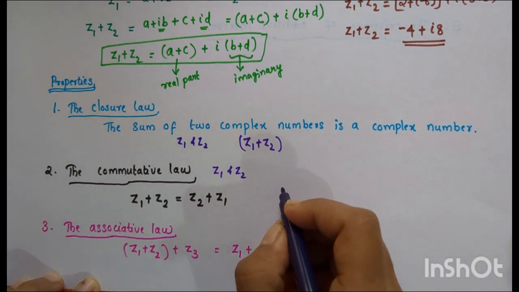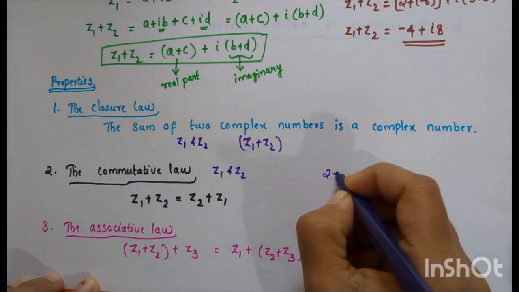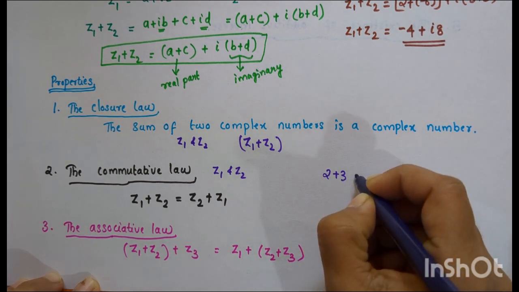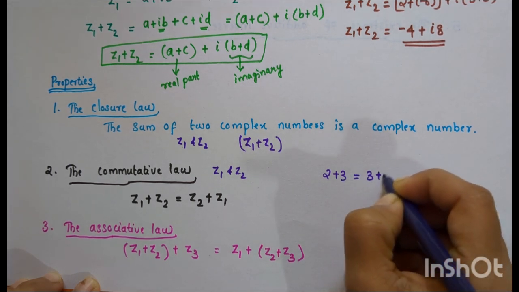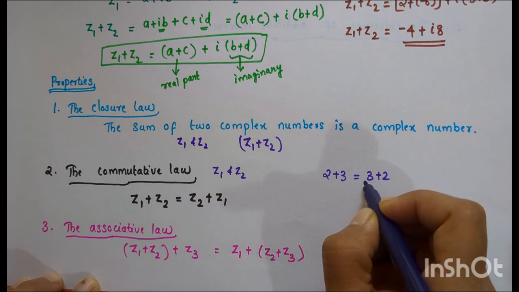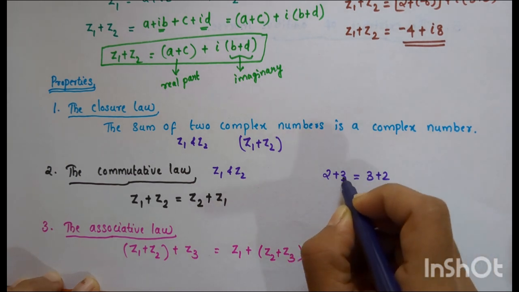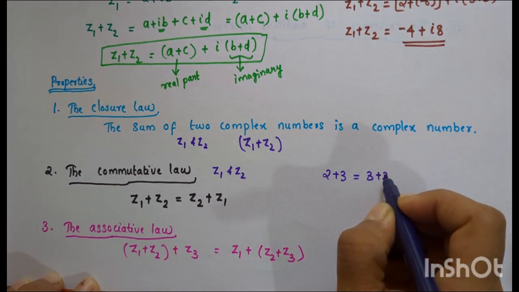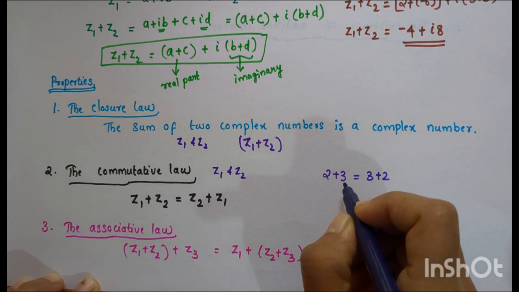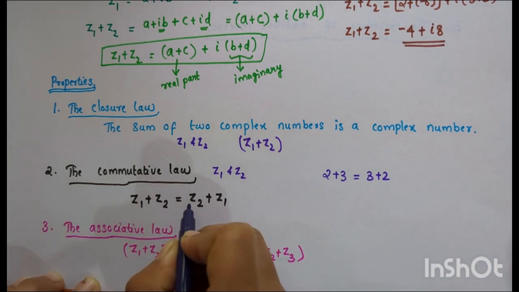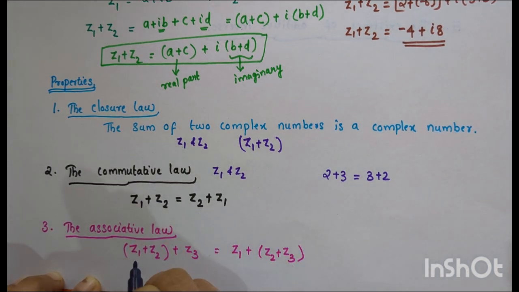For real numbers, we know that 2 plus 3 is equal to 5. That is actually equal to 3 plus 2 as well. 3 plus 2 is also 5. So for real numbers, you can write 2 plus 3 is equal to 3 plus 2. Similarly, for any two complex numbers, we can write z1 plus z2 is equal to z2 plus z1.